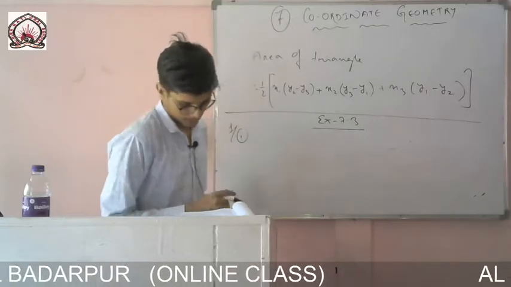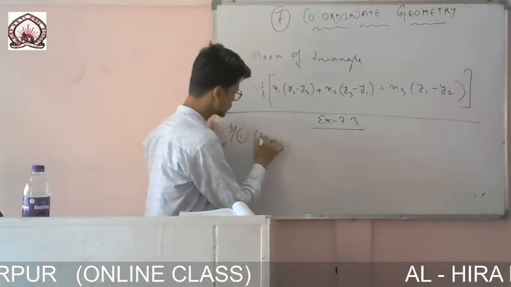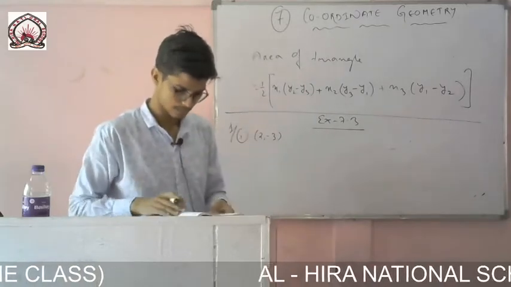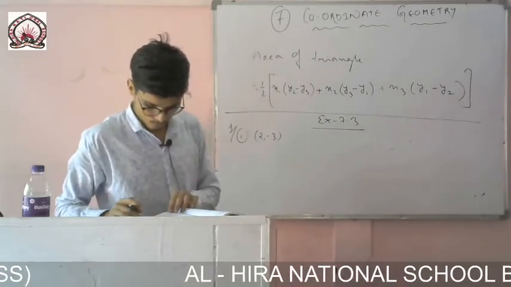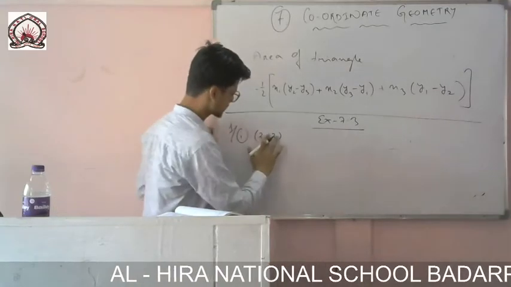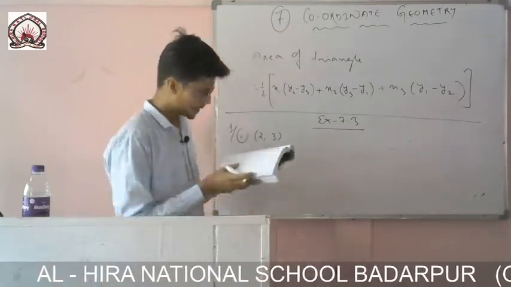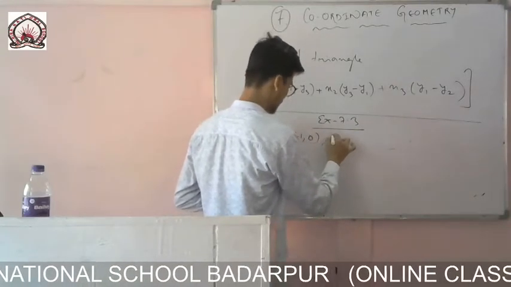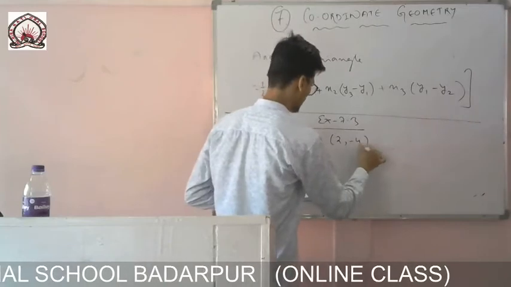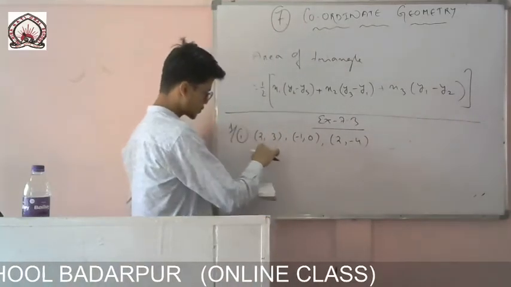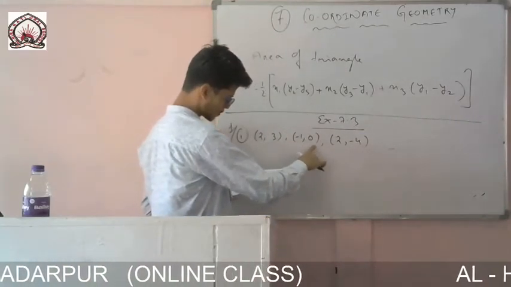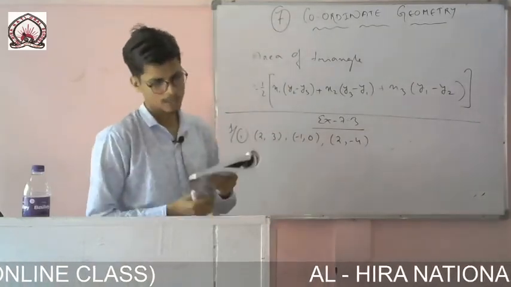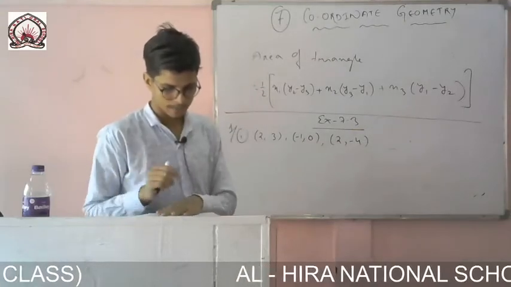So coordinates are given: 2, 3, then minus 1, 0, and third one it is 2, minus 4. So the question is to find the area of the triangle.